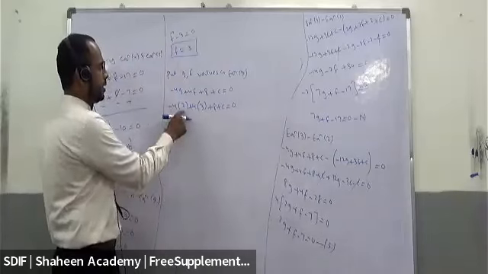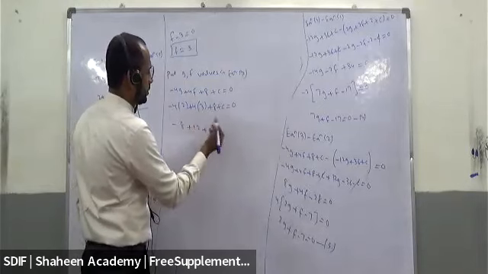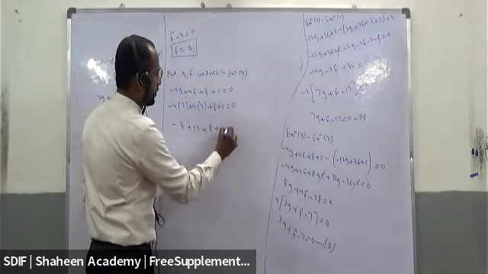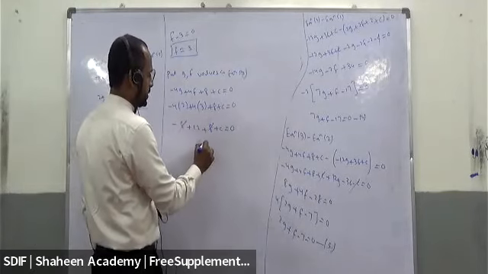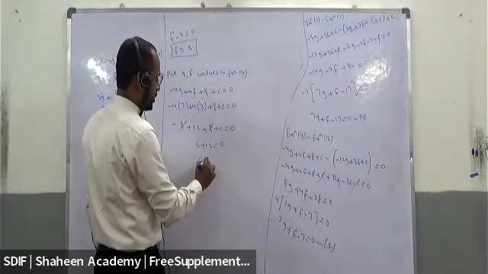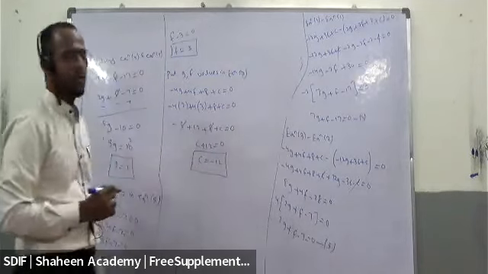Simplify it. Minus 4 into 2 is minus 8, 4 into 3 is 12, plus 8 plus c is equal to 0. Plus 8 minus 8 get cancelled. So c plus 12 is equal to 0. c is equal to minus 12. We have got finally the value of c.